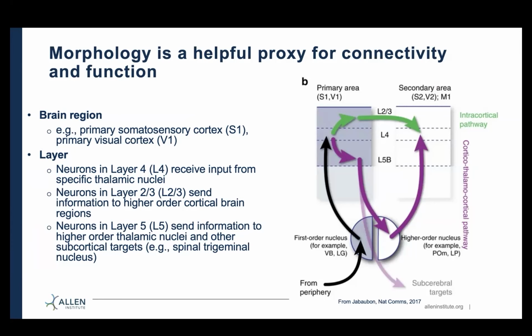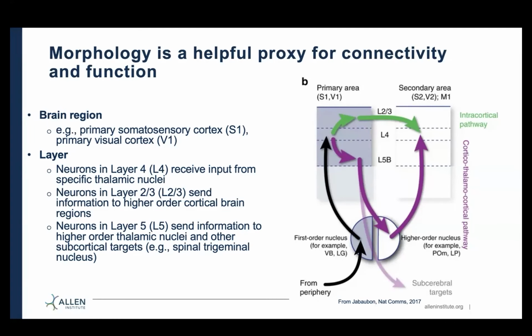Here I'm showing an example from a review paper where neurons in layer 4 of the visual cortex receive inputs from the visual thalamic nucleus, LGN, and then they send information to neurons in layer 2/3 and layer 5 that either send information to brain regions involved in sensory processing, such as higher order cortical areas like V2, or to subcortical brain regions that are involved in generating a motor output.